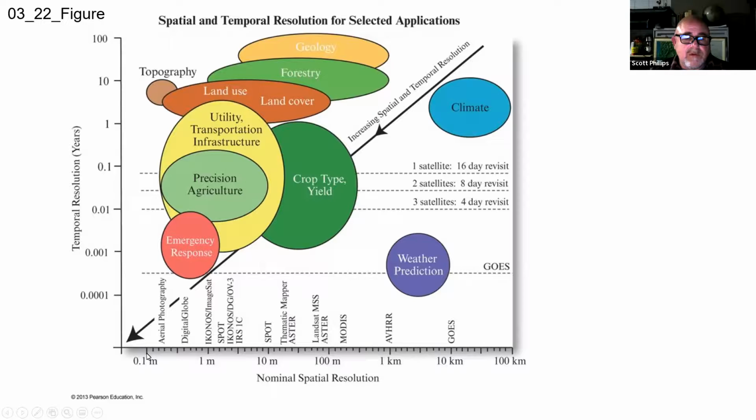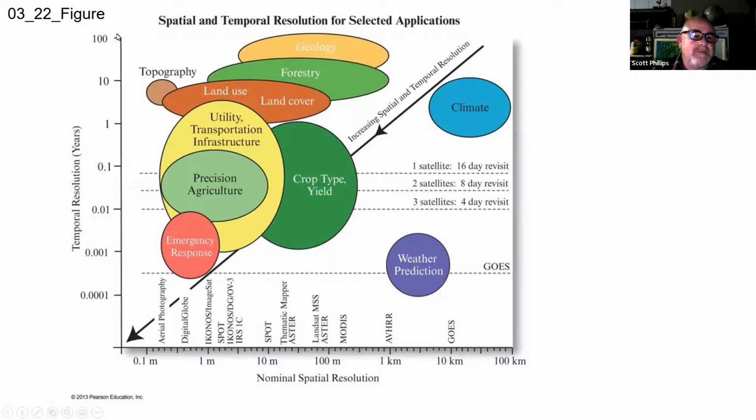So here's a chart where it's like from super detailed to less detailed resolution for spatially, and from quick, rapid turnaround to slow turnaround as far as time period, how many years. So for example, if you're studying geology, you don't need to have the satellite come back every day, because it's not going to change that much.